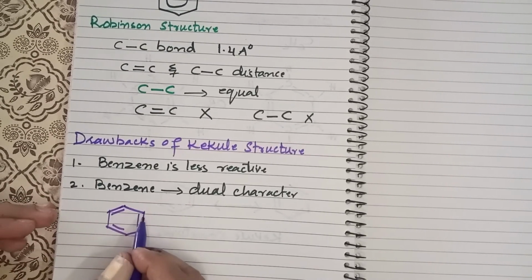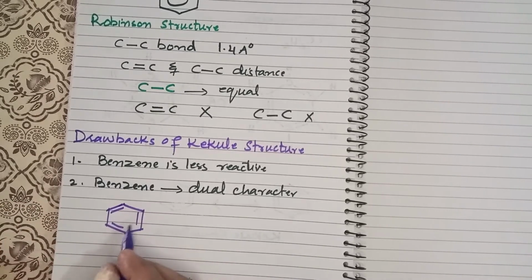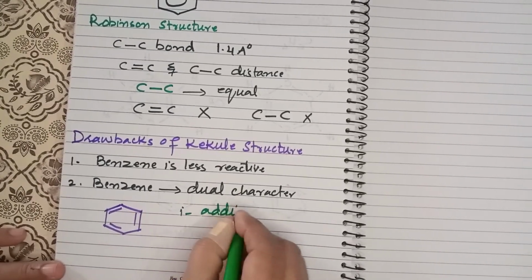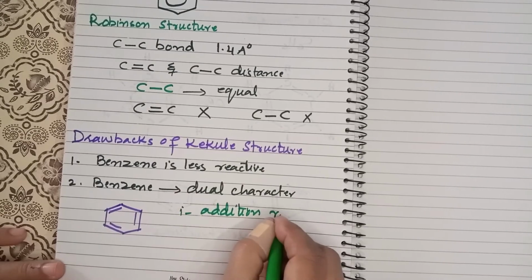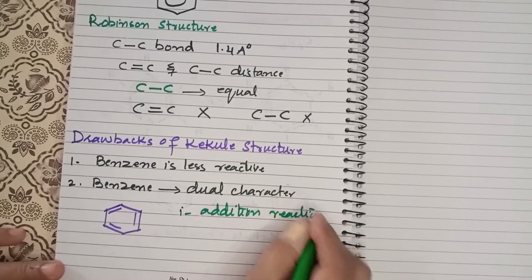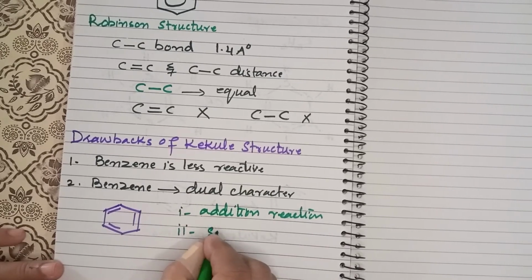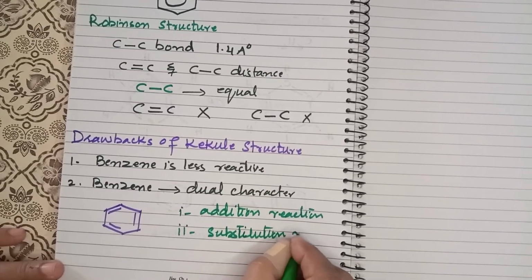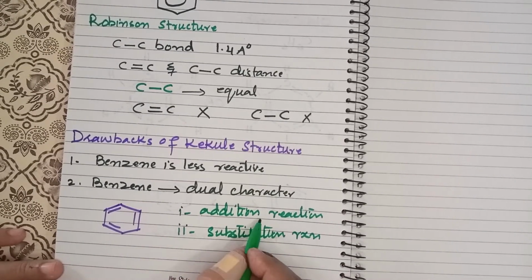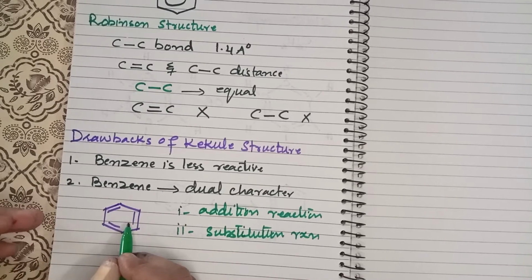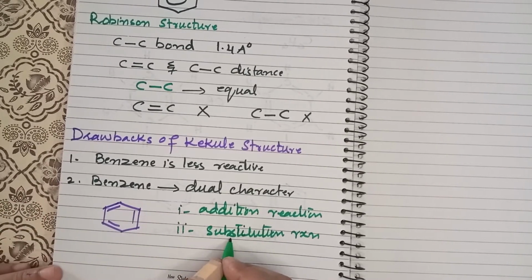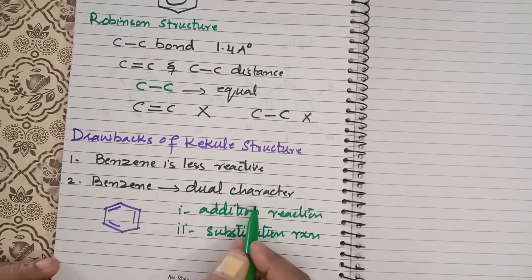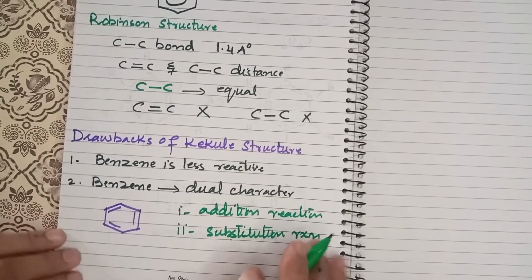So it can give addition reactions. But at the same time, it can also give substitution reactions. It gives addition reactions like unsaturated compounds, and at the same time substitution reactions like saturated compounds. So benzene has dual character.